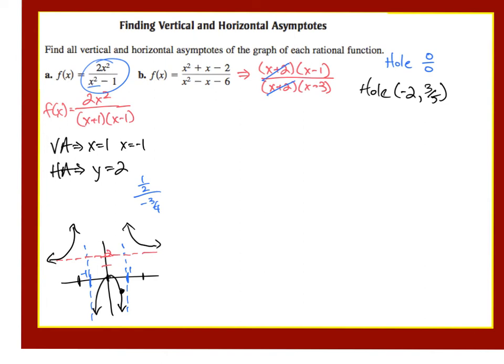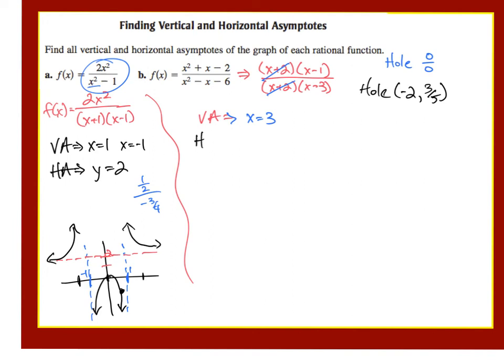From there, we can also get our vertical asymptotes and such. What's my vertical asymptote? What will give me a number over 0? 3. So we're going to call it x equals 3. Why do I have to say x equals 3 and not just 3? Because it's a line.